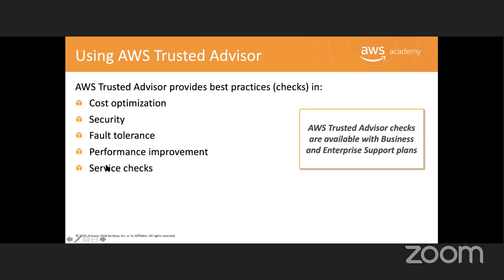There's something here that we don't have, and I will add it: the limits. Whatever limits you have in your account, Trusted Advisor will give you recommendations. I think this is one of the cases where Trusted Advisor will tell me you need a host, or you have reached the limit of your hosts.